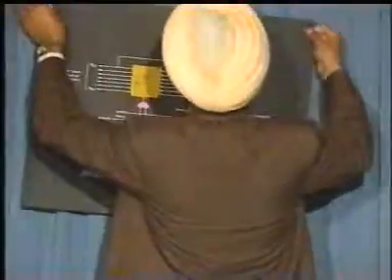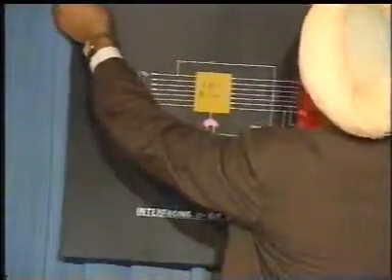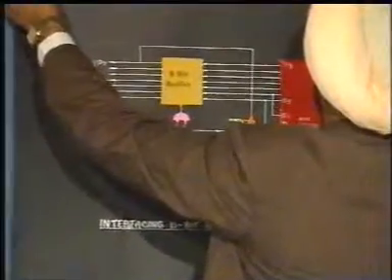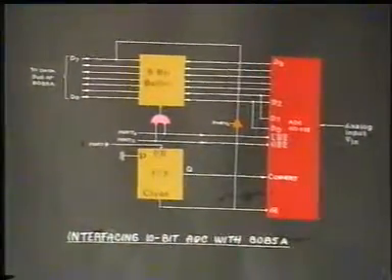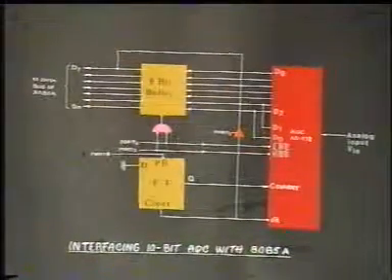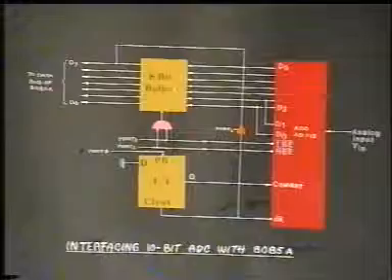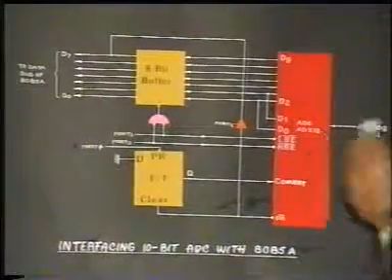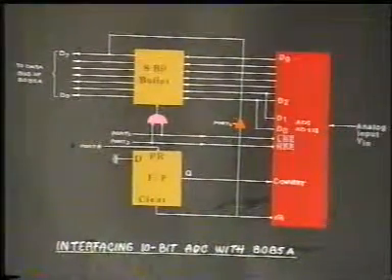Now last, I know that the time is running out, but I'll just take 2 minutes. This is the interfacing of a 10-bit A to D converter, which can be extended up to 16 bits. This ADC, AD573, is a 10-bit A to D converter.